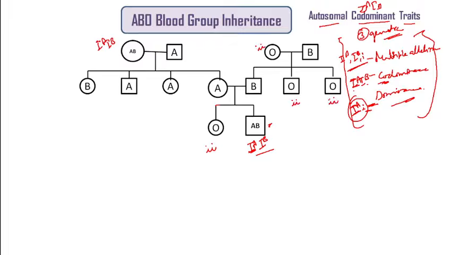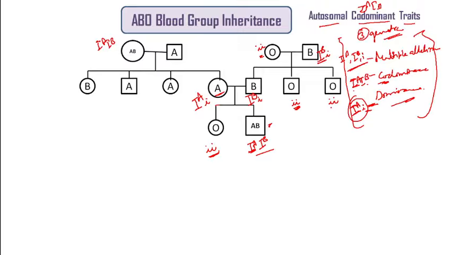Now let's move further. This person would have inherited one small i from here and one small i from here. Because the blood group is A, the other allele possible here is IA. The other allele possible here is IB. Now this individual would have inherited one small i from here and one small i from the father, so the other allele possible here is IB.